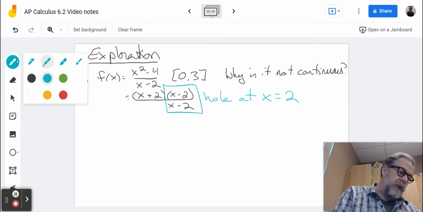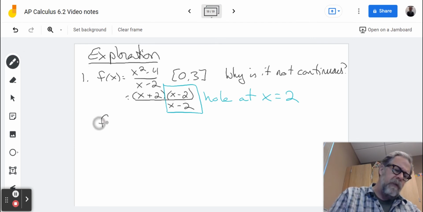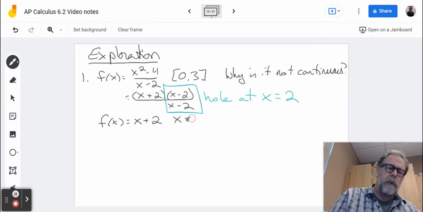So what does this equation or graph look like? Well, f of x is equal to x plus 2, except when x is equal to 2.